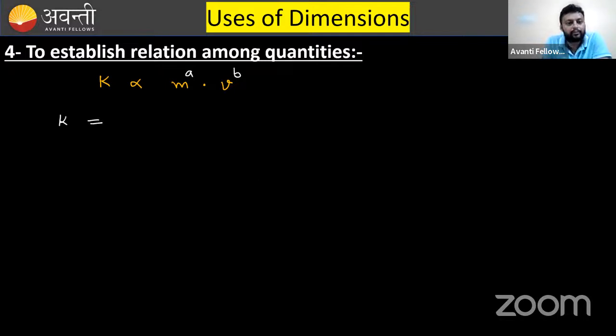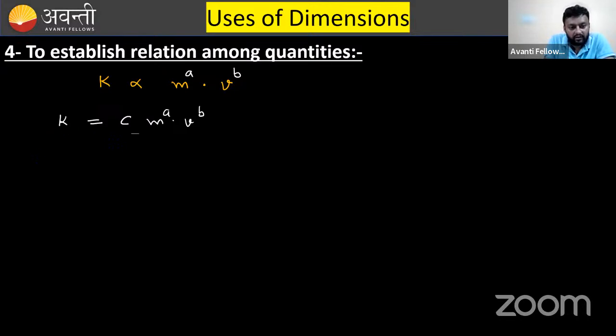You can remove the proportionality sign and put some constant C, that is m raised to the power A and velocity raised to the power B. Now you can see that in this particular equation, from the principle of homogeneity, we know that the dimension of each term must be the same. That means the dimension of kinetic energy must be the same as the dimension of the whole RHS. So I am writing the dimension here.